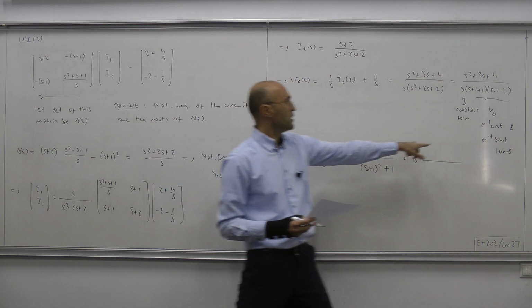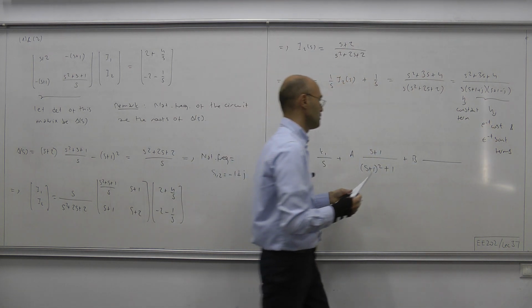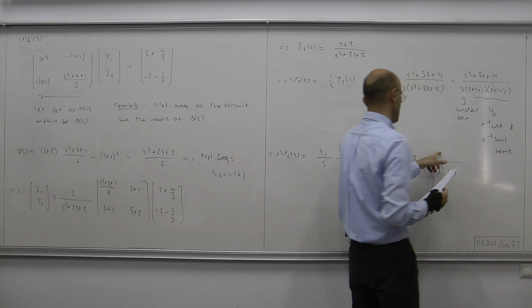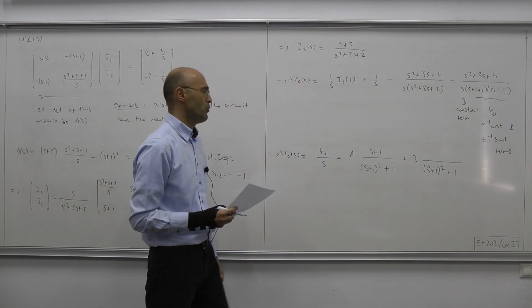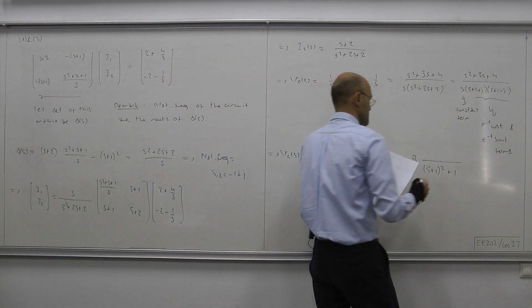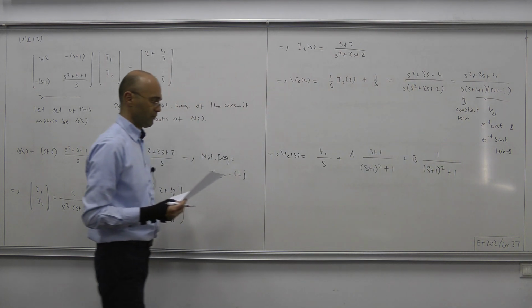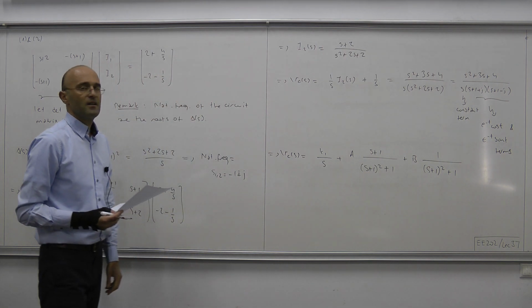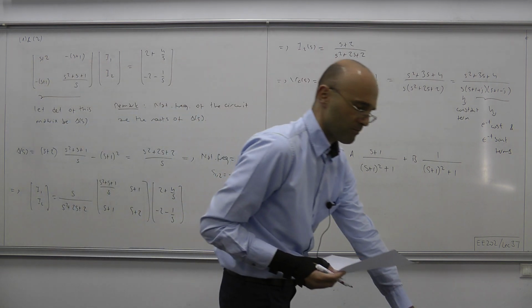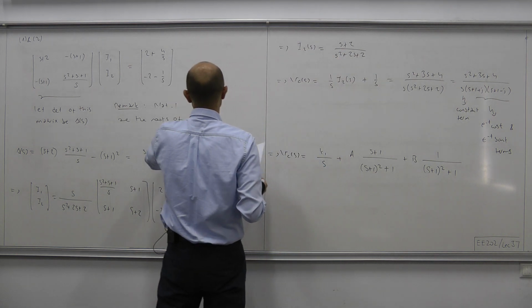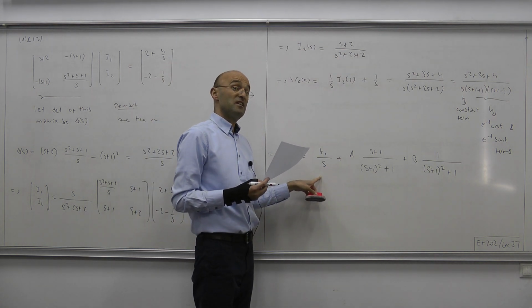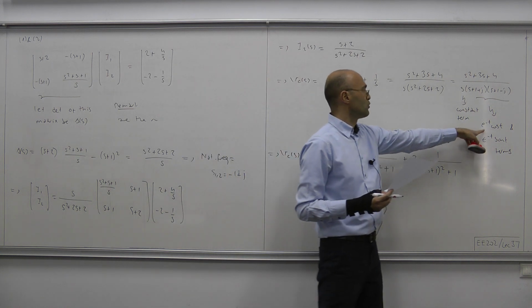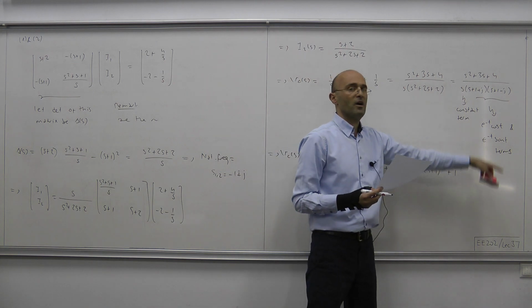So this will produce the e to the minus t cosine t term, and as for the sine, we have the same denominator, (S plus 1) squared plus 1 squared, and here we have omega, and omega is 1 in our case, so we put a 1 here. So let's figure out K1, A, and B. And then once we have that, the time domain answer will be Vc of t equals K1 plus A times e to the minus t cosine t plus B times e to the minus t sine t.